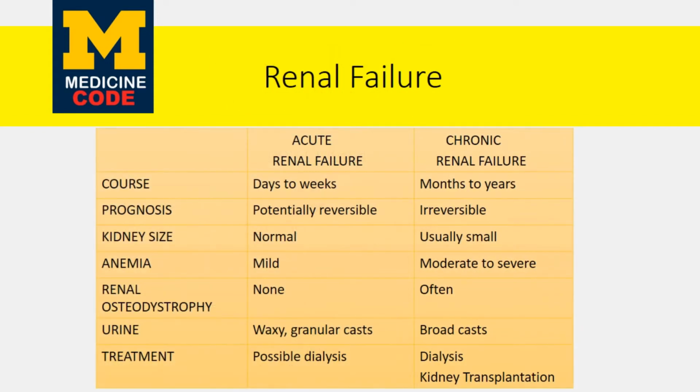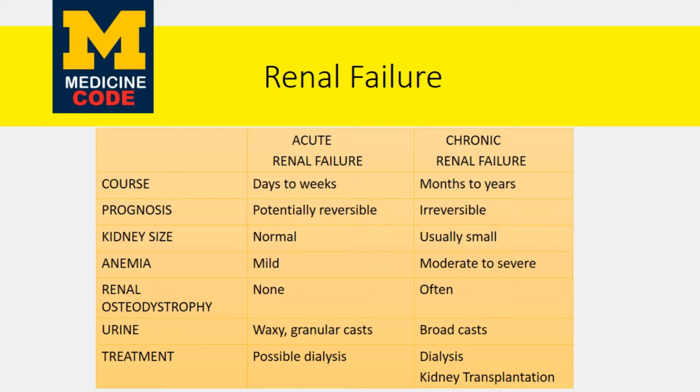There are two types of renal failure: acute and chronic. In acute renal failure, the course takes days to weeks, while chronic kidney disease has a course of months to years. Acute kidney injury has a potentially reversible prognosis, while chronic kidney disease is irreversible. On ultrasonography, the kidney size is normal for acute kidney injury, while in chronic kidney disease, the kidneys have shrunk.